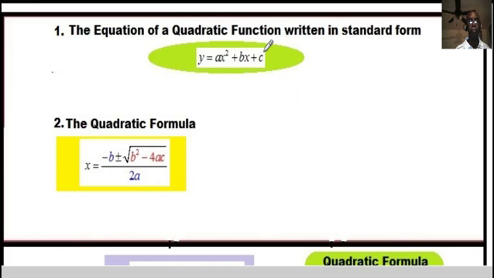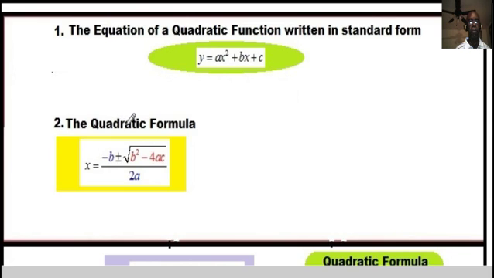The x squared in this equation is what makes it a quadratic equation. So this is the standard form of a quadratic equation, where a is the number in front of the x squared term, b is the number in front of the x term, and c is the constant, or y-intercept.